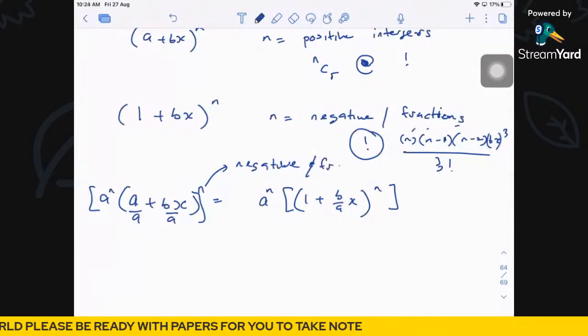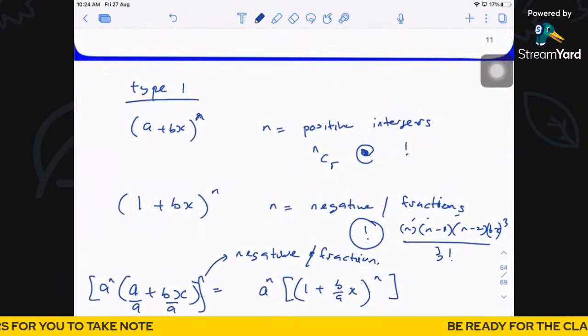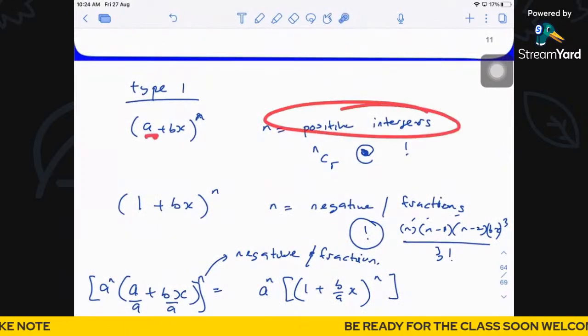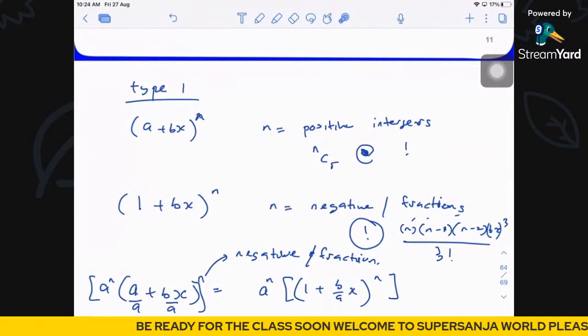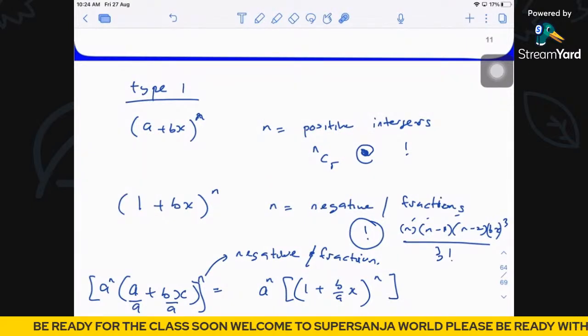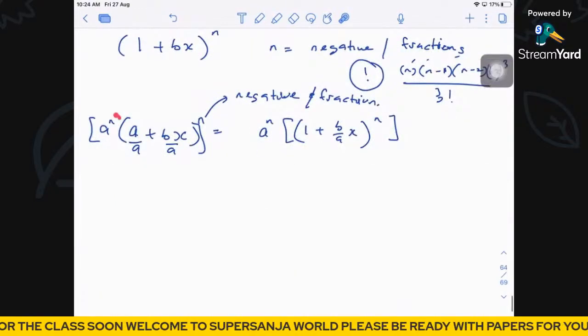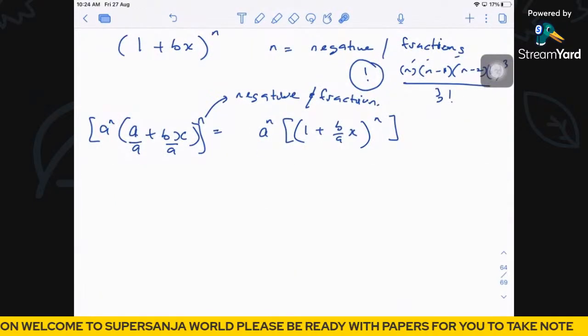If n is positive, even if a is 3 or 4 or 5, you don't need to divide by a. You can straight away proceed, no problem with that. But over here, you cannot. The a, you must divide and factorize first.